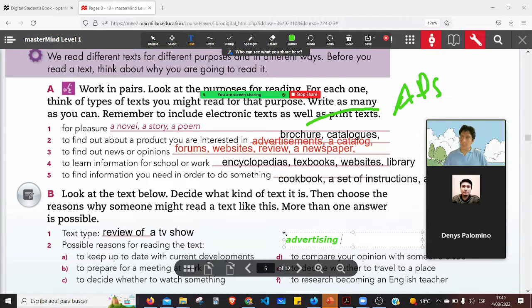Publicidad. For example, I work in advertising, and my role has to do with creating and developing advertisements. You see? Related to the announcements in the market.